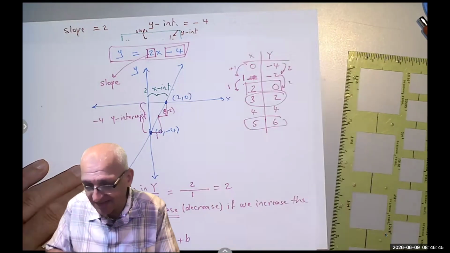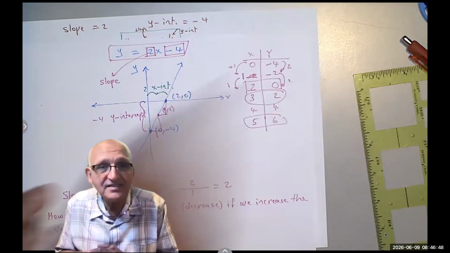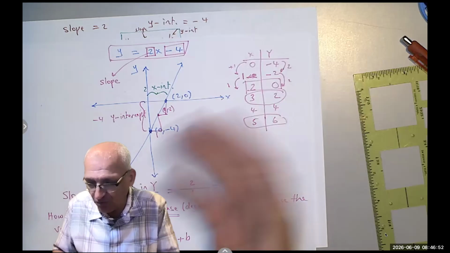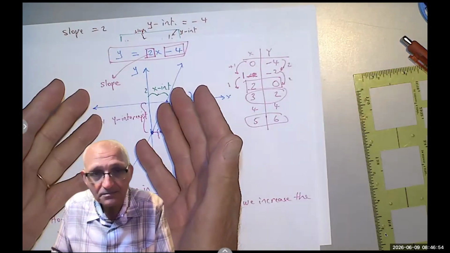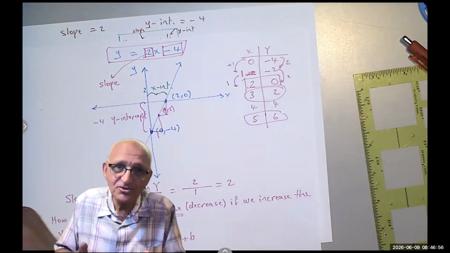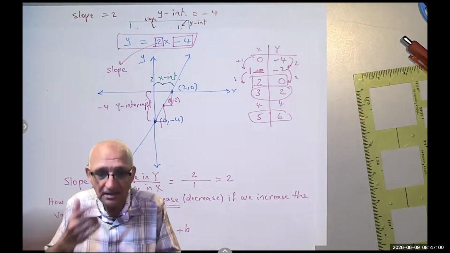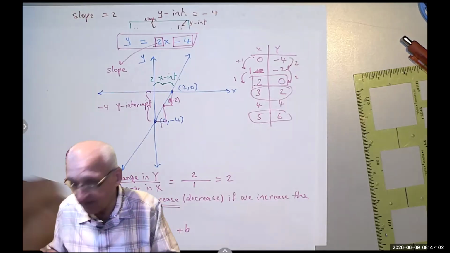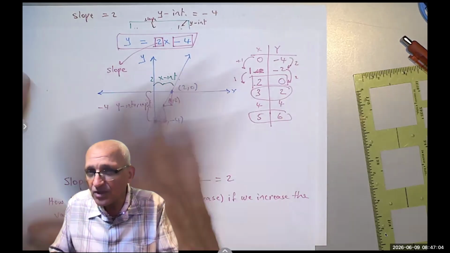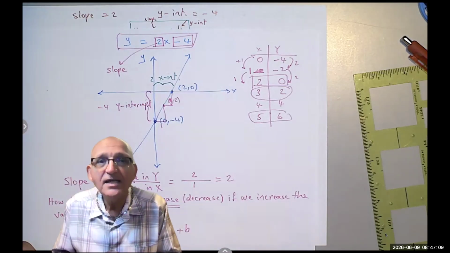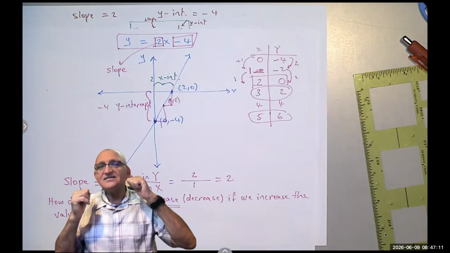So next time we are going to take a few examples of giving you an equation, and then maybe some problems where we give you a table to complete and draw the line. And once we are confident we can do that really easily and quickly, we can go back to a system of equations.